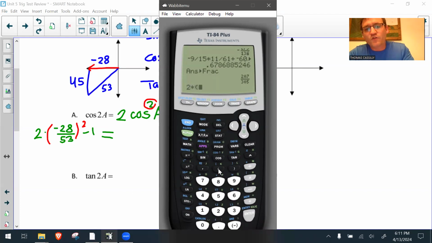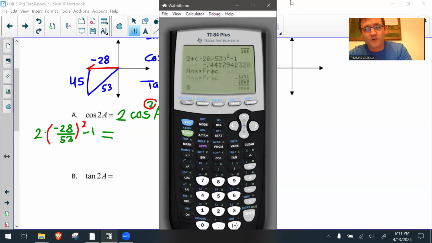Make sure it looks exactly the same. So we have our 2, we have our multiply, you got your negative 28 divided by 53. You need your parentheses here. If you don't put your parentheses, you will get the wrong answer. So be warned. Those parentheses do matter here.